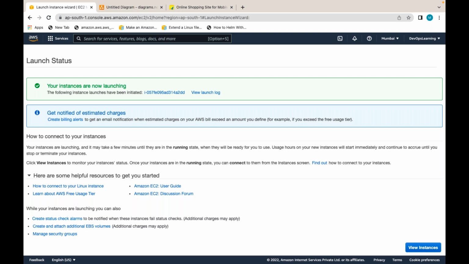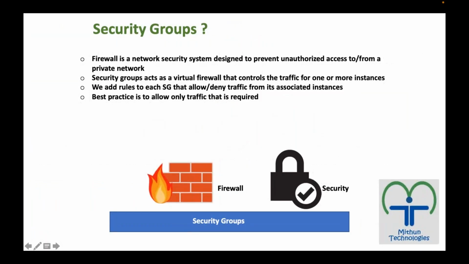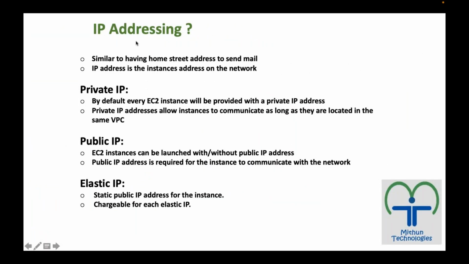Now, there are two types of IP addresses: private IP and public IP. The firewall I have already explained. So what is a private IP, and what is a public IP?